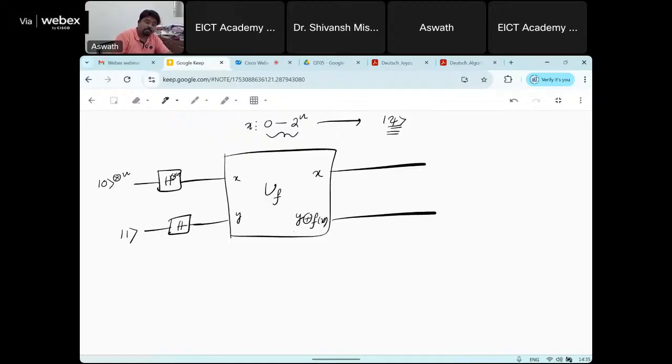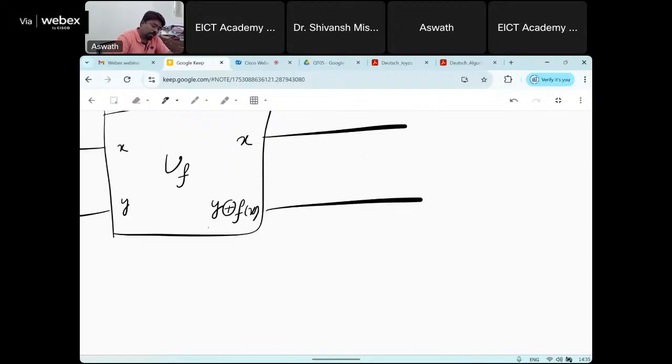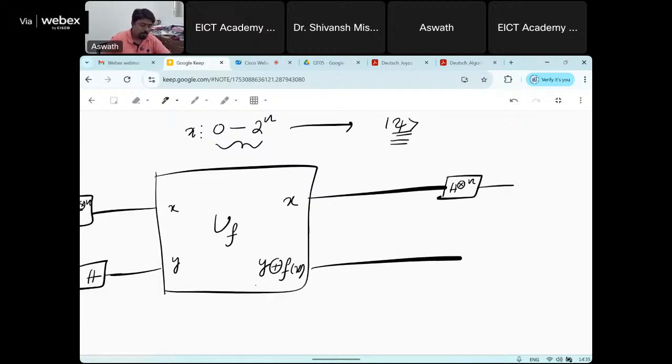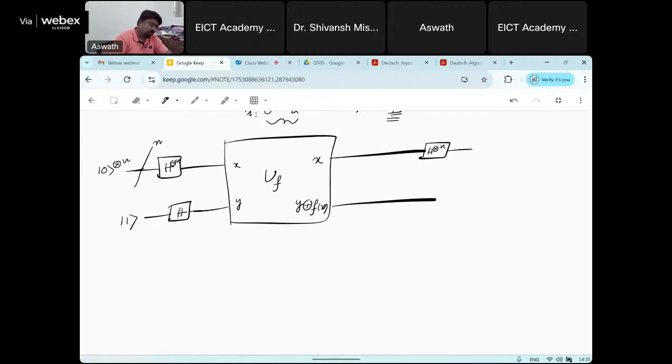Just to represent it, it is not a single line, so you write a cross line and say it is n, which means the one line is actually not just a single register, there are n registers. And at this point there are n Hadamards in the Deutsch algorithm. This is what the circuit would look like for Bob.